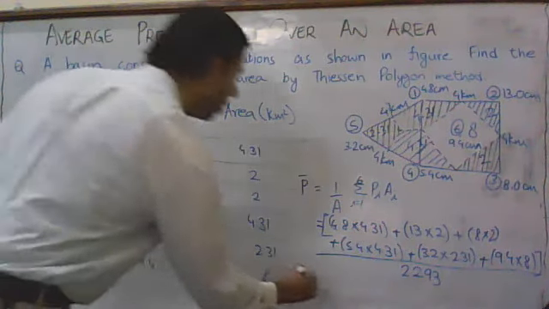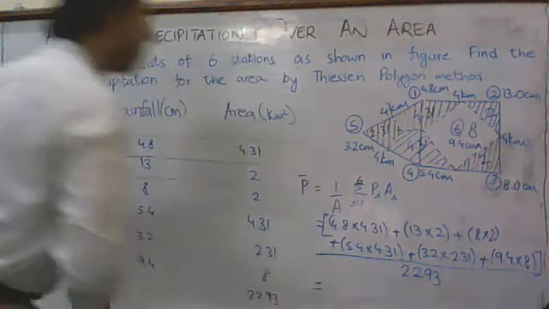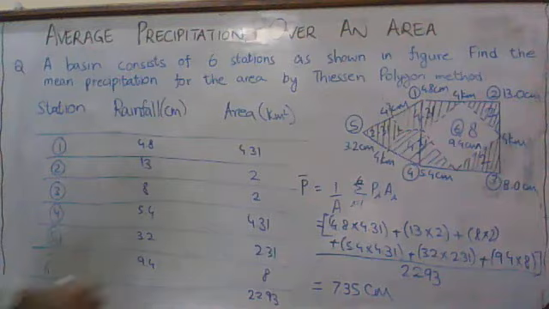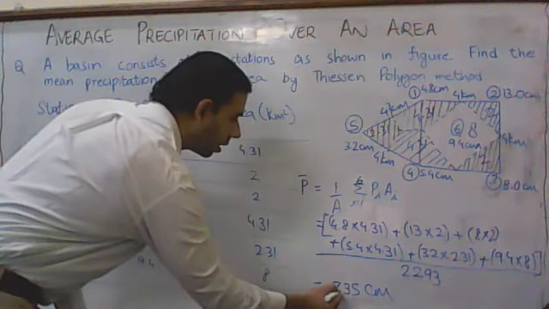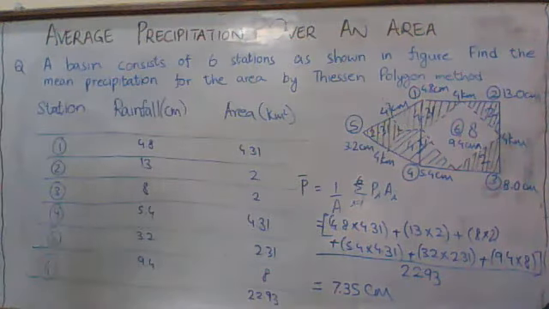This value of average precipitation comes out to approximately 7.35 centimeter.